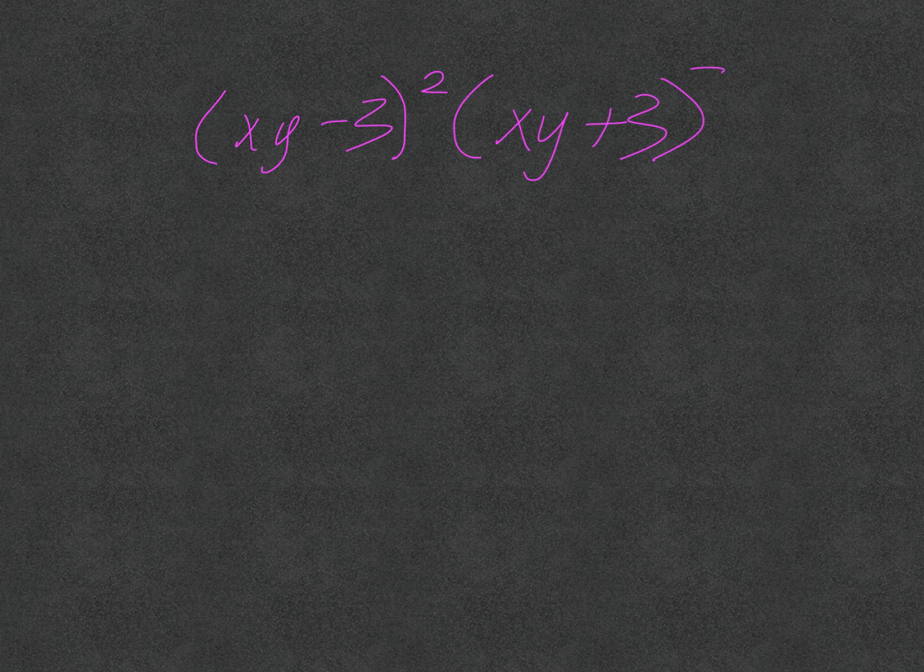Sometimes you'll have some more complicated sort of multiplications. So you might see something like xy minus 3 squared times xy plus 3 squared.